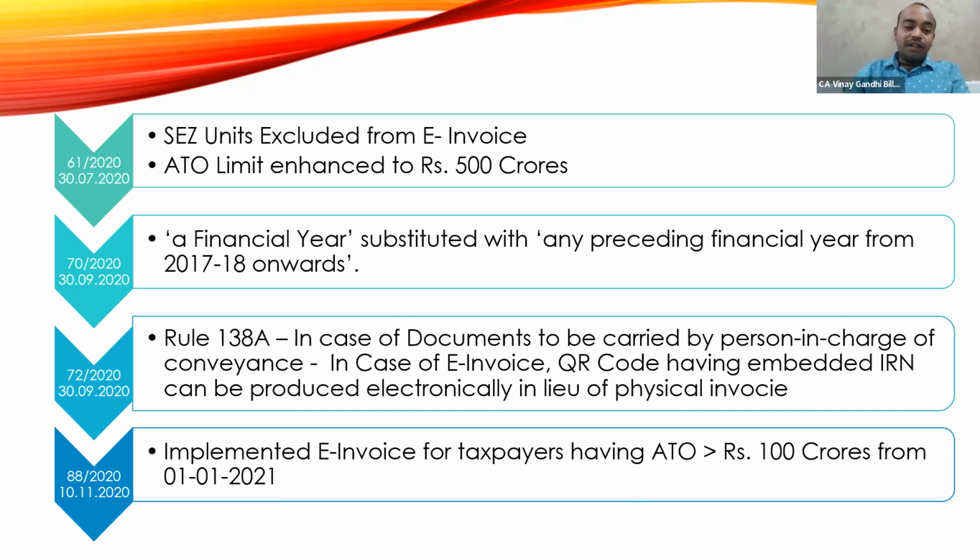And then on 10th of November 2020, they have made this 500 crores as 100 crores, to be implemented from 1st of January 2021. So from 1st of January 2021, whoever's aggregate turnover in any preceding financial year from 17-18 exceeds 100 crores has to issue an e-invoice.